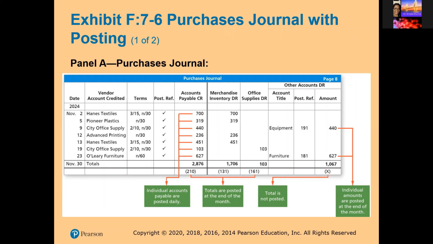The other accounts debit columns are used for purchases on account of items other than merchandise inventory and office supplies. This business uses a perpetual inventory system. In a periodic system, the merchandise inventory debit column would be replaced with a column titled Purchases Debit.